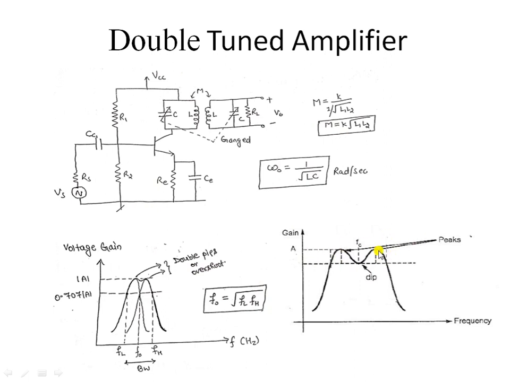So it is one of the disadvantages of the double tuned amplifier that we are not getting a flat response at the center frequency. This dip occurs because of the delay of transferring the output from this place to this place, and because of this the response is not flat.